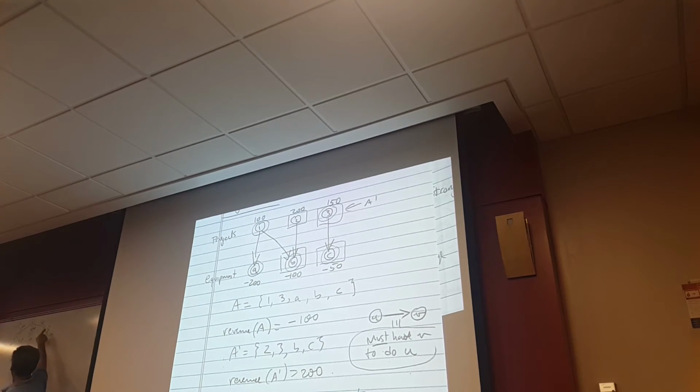Because if I have something in it, and it needed something else to do it, it's better to still be on the A side, because otherwise this edge would be crossing the cut, and that would have an infinite capacity. So if something is inside the A side and there's something that activity needs to perform it, then this must also be on the A side. Otherwise, this is not going to be a finite capacity cut.